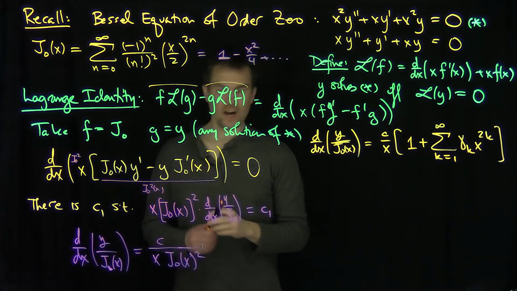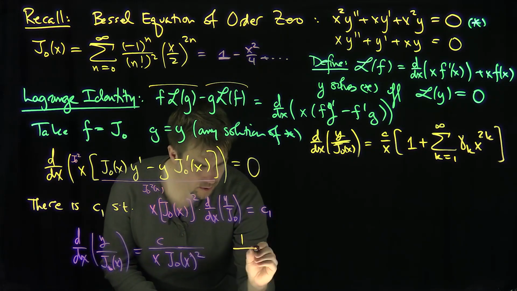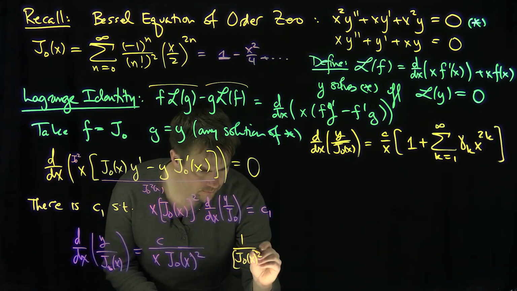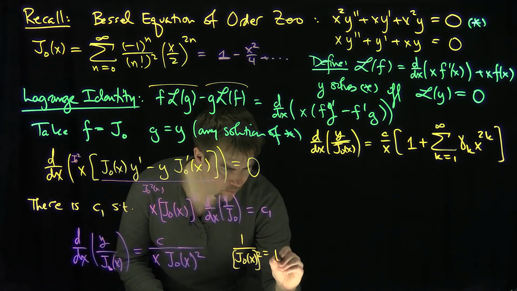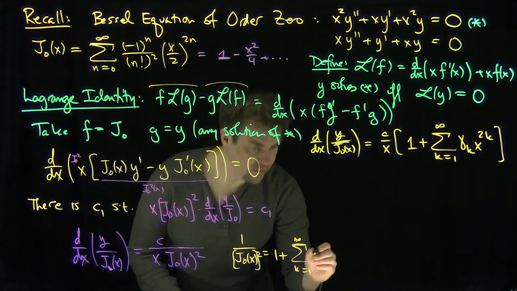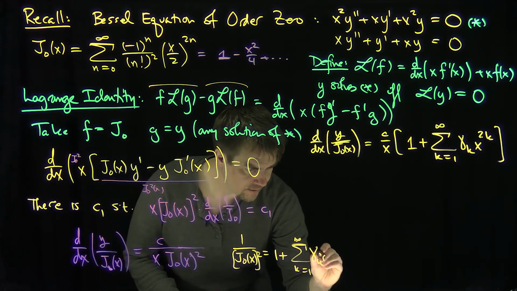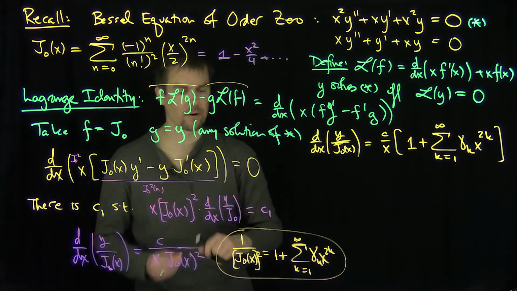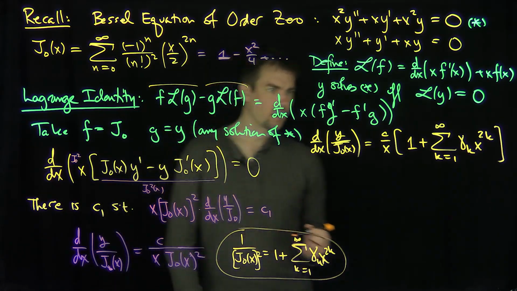And that comes from the fact that 1 over J0 of x, quantity squared, is equal to 1 plus the sum, k goes from 1 to infinity of these numbers, gamma k x to the 2k. Write down the Taylor expansion of that function 1 over J0 squared by using the quotient rule.